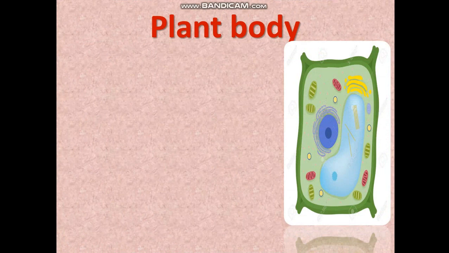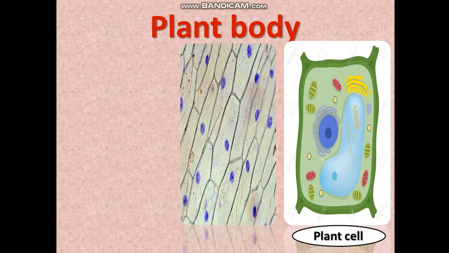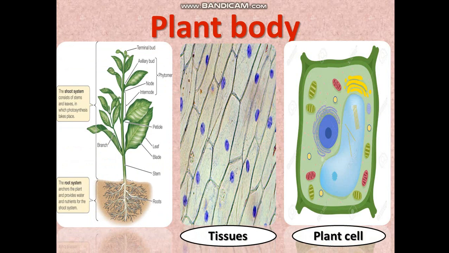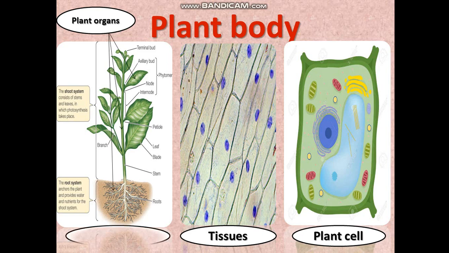See this photo? The plant cell: a group of cells forms tissue, a group of tissues forms organs, and organs form the plant body.